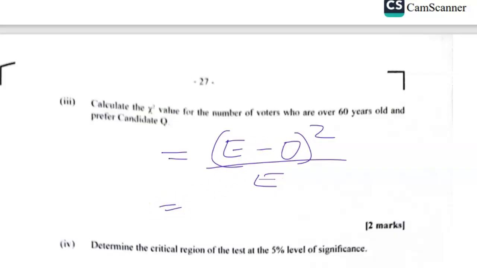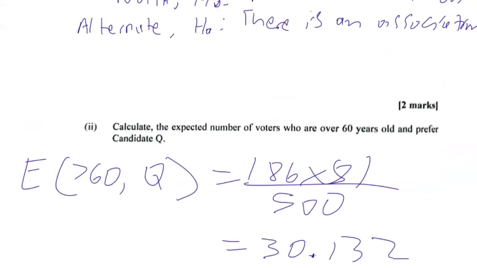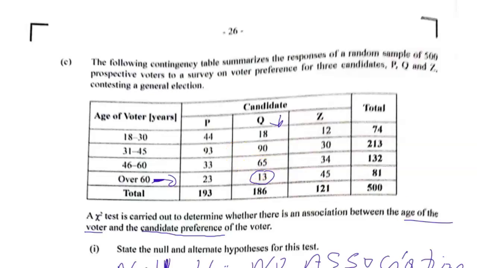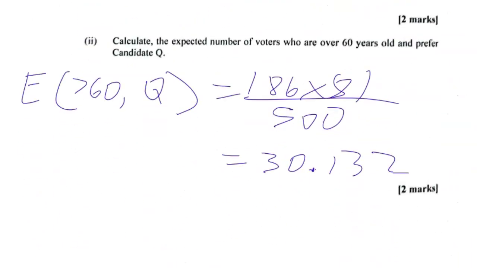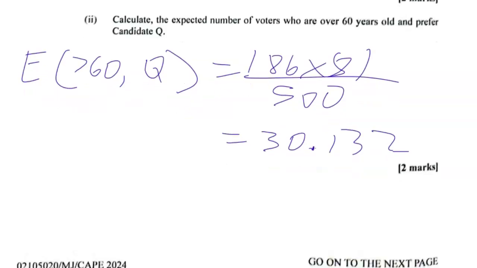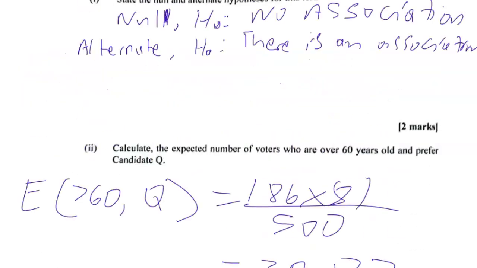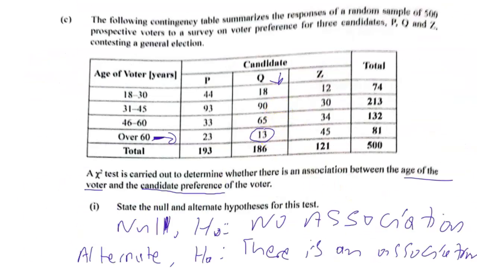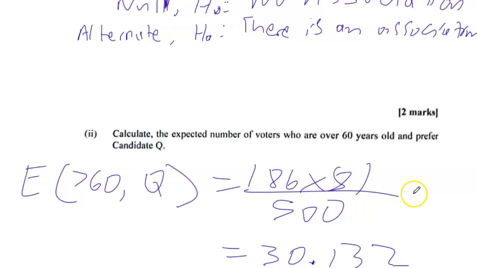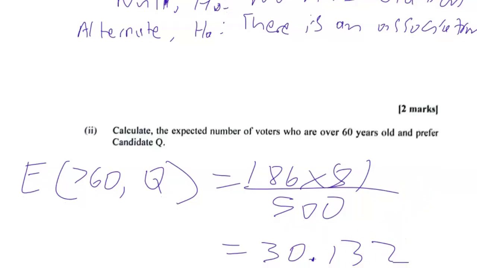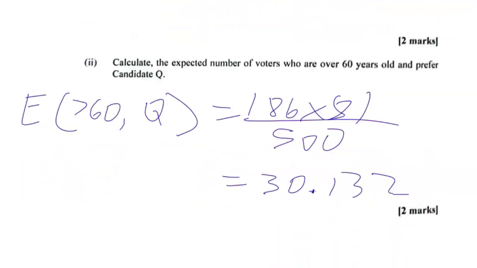So the expected for these two categories would be 13. So 13 minus 30.32. So the observed value is 13, and the calculated expected value is 30.132.